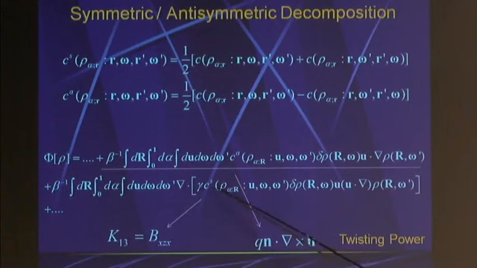And that goes to 0. And the other one here only involves the anti-symmetrical part. And this one, after some calculation, ends up with a twisting power term, which is linear in the twist. So this term actually gives rise to the twisting power of the chiral nematic.